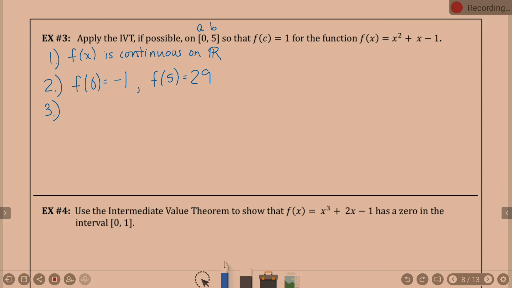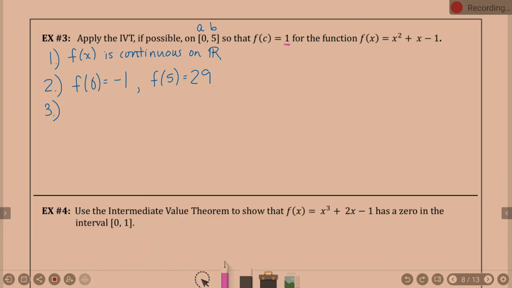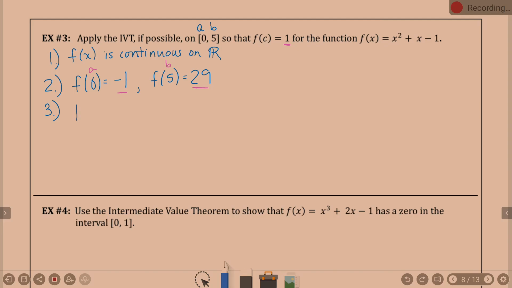What we need to figure out for f of C to be between f of A and f of B is whether 1 is between -1 and 29. Yes. So, does IVT work here? Yes. I'm going to write more words than you want to write, but that's all right. You can just write -1 is less than or equal to 1, which is less than or equal to 29.